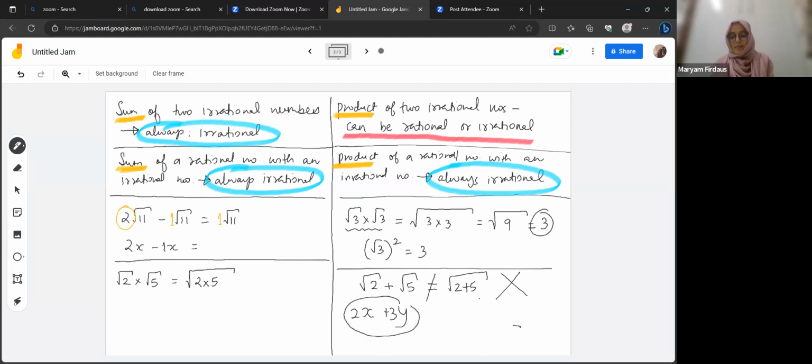So you just keep them separate. But when it comes to multiplication of two different variables, like 2x multiplied by 3y, then you multiply all of them with each other. So 6xy. Similarly, you do the same thing when it comes to the under root, okay? So this becomes root 10.